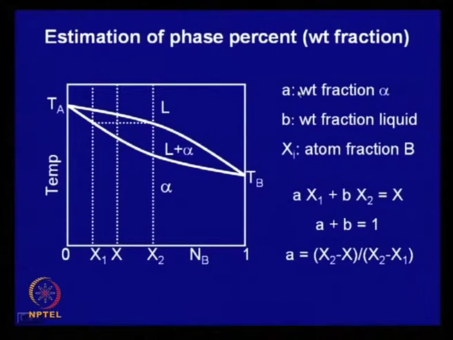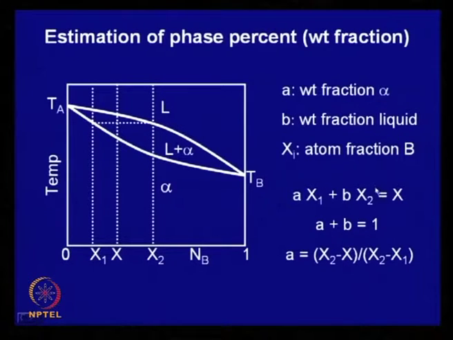Let us say A represents the weight fraction of alpha, B represents the weight fraction of liquid at this temperature, and x 1 represents the atom fraction of B in alpha. So, that means this is x 1, and x 2 represents the atom fraction of B in liquid.